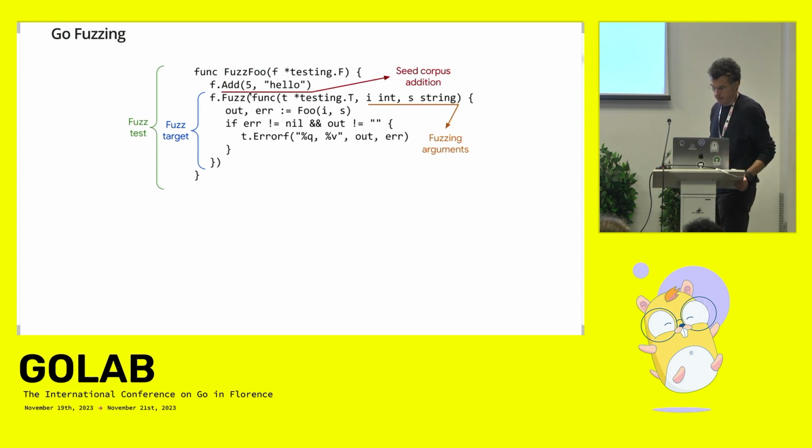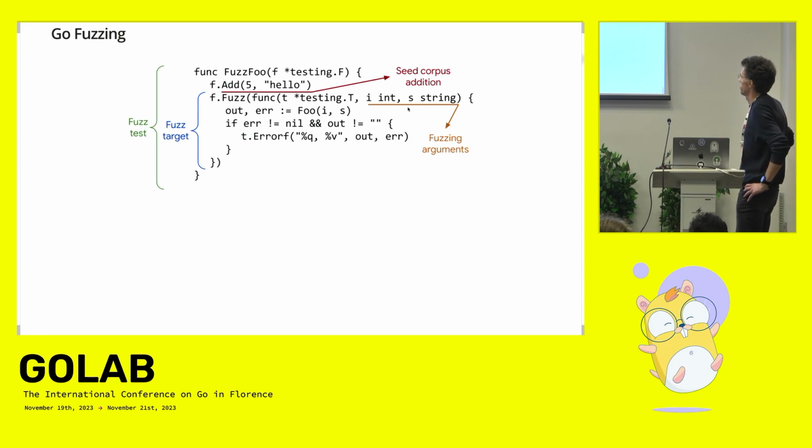It's very, very similar. You are probably very familiar. The main differences, you see that there are these input values, in this case I and S, and basically the fuzzing framework will randomly generate these values for you. So you just need to call the function which you want to fuzz, and then check the output of that function and check if somehow an error is generated without expecting it, right?